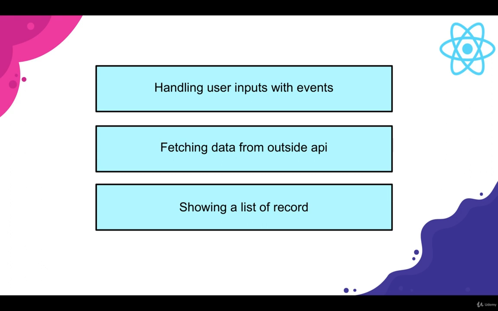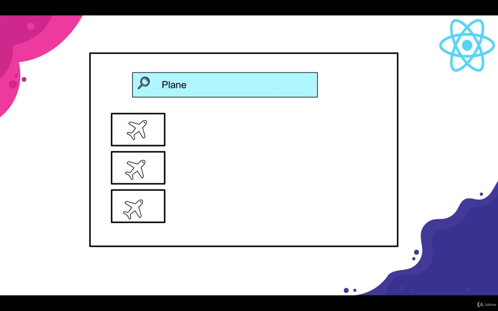So let's take a look at the mock-up of the application that we're going to build. Essentially, what we want to do is show a text input at the very top center of the screen. A user should then be able to type in some text here like cars or flowers, plants, any term.